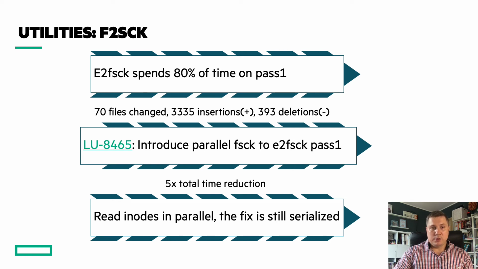So it was noticed that 80% of e2fsck time is being spent in pass 1. So this pass has been optimized in LU-8465.